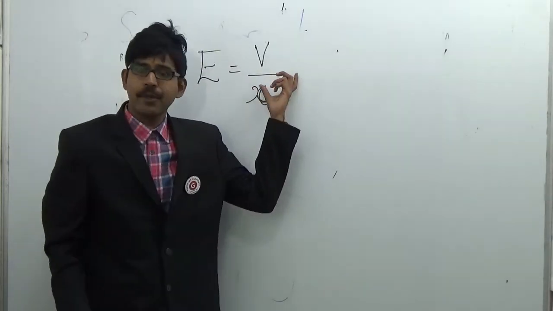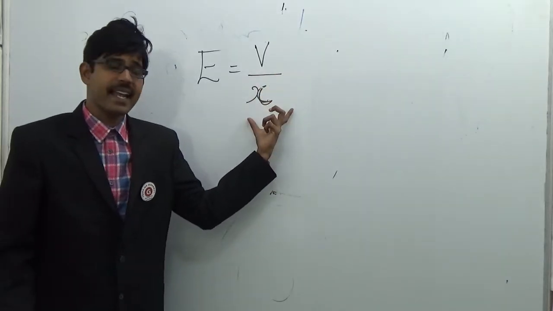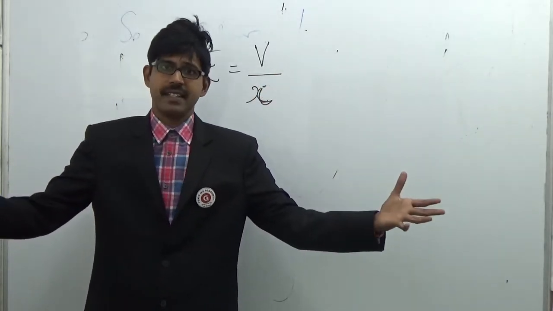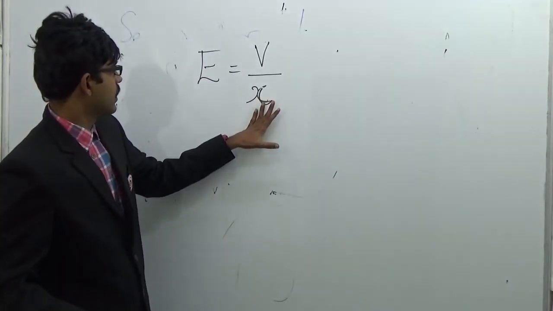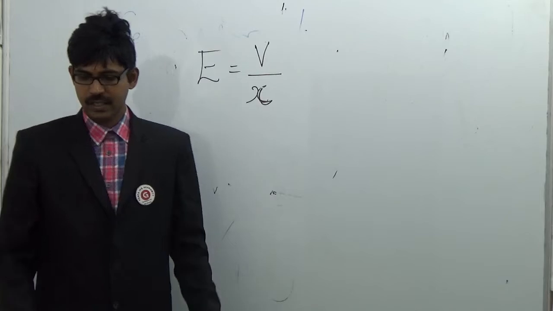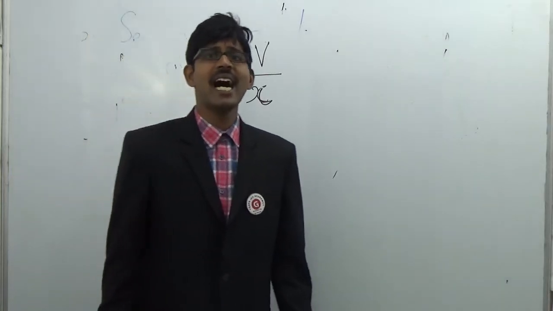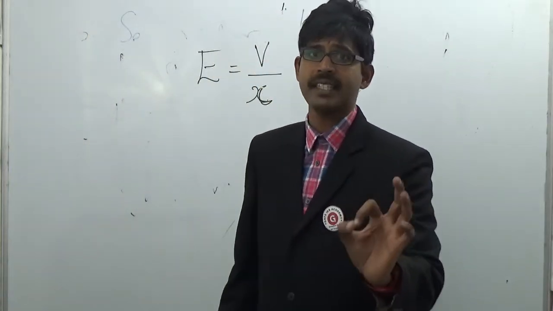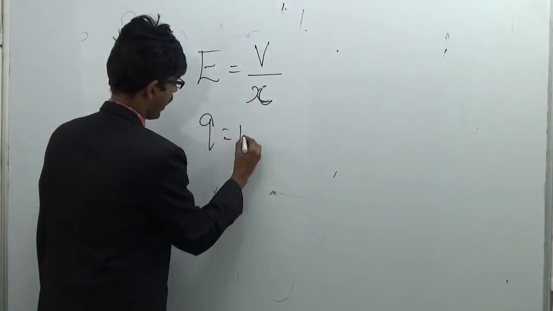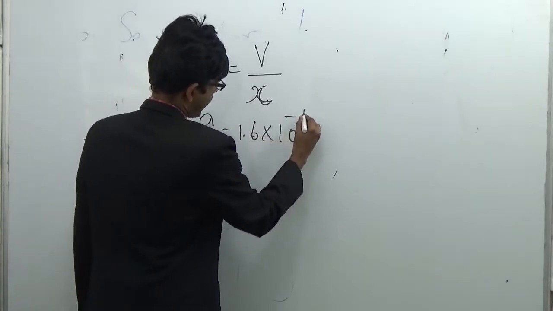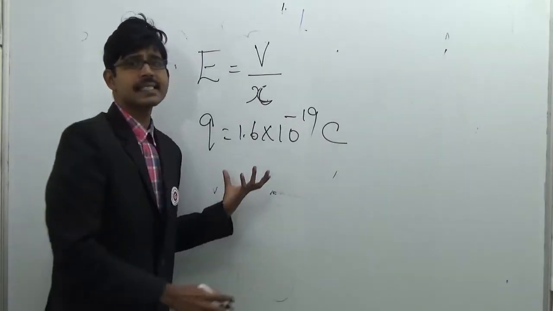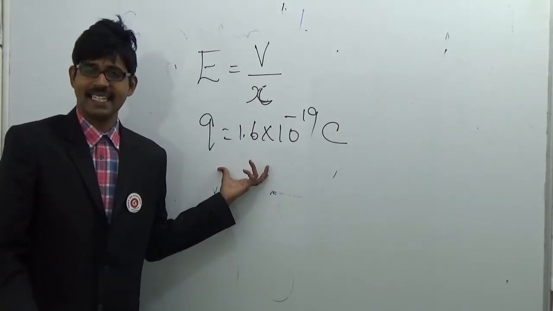V is the applied potential and this x is the length of the material. Having known these values, you must be in a position to calculate electric field based on this formula. Now, what is the charge of the electron? A very important thing you need to remember. Q is equal to 1.6 into 10 to the power minus 19 coulomb. This is the charge of an electron.